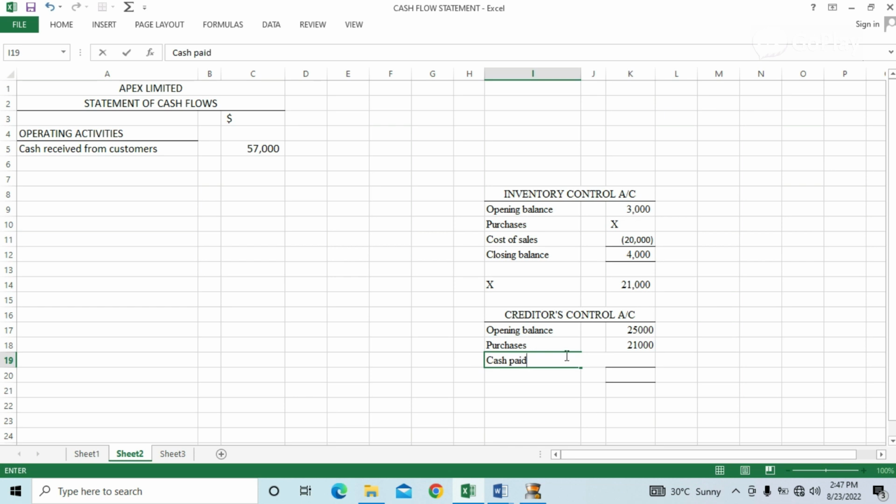Cash paid, we can represent it with X, and that will be subtraction. So we are going to subtract it. Then that will give us our closing balance for the creditors.